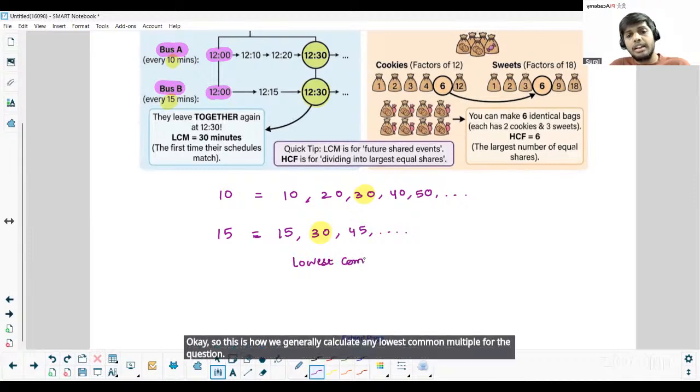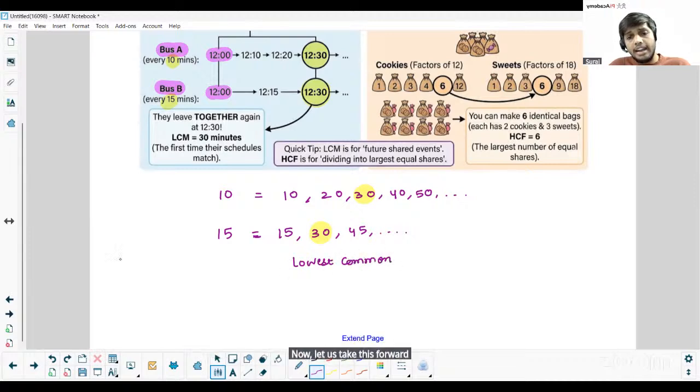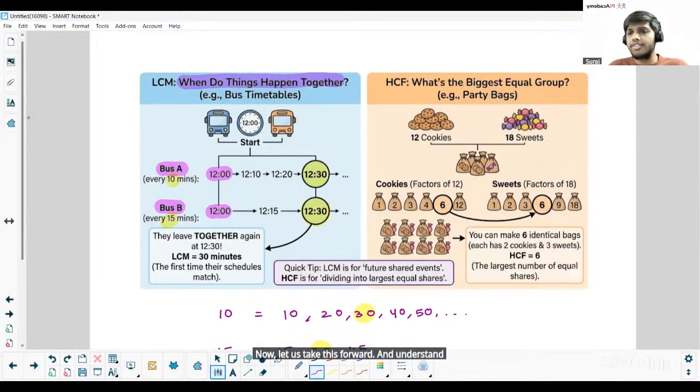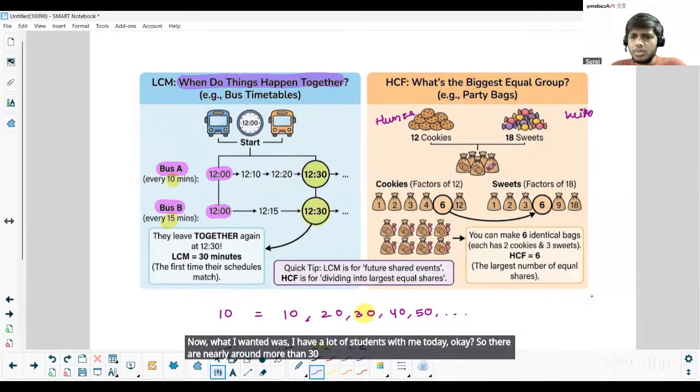Now, let us take this forward and understand about HCF too. Let us say I have Hamza with me and I have Kiko. I said that Hamza is going to get 12 cookies, whereas Kiko is going to get 18 sweets altogether. Now, I have a lot of students with me today, nearly more than 30 students who are present here.